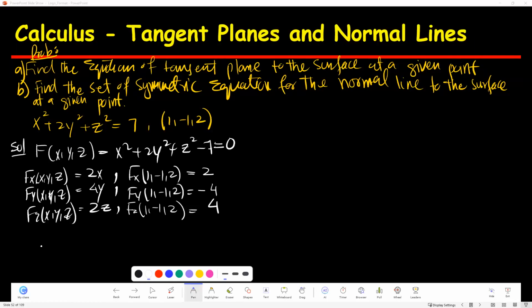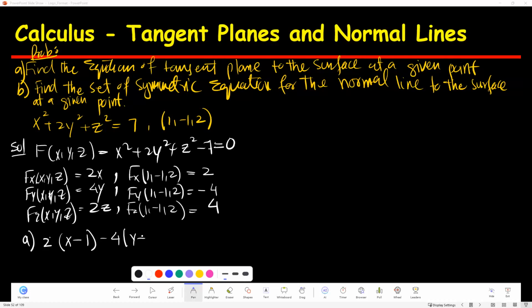So what we're going to do, we're just going to substitute the values into the equation. So in A, we take the partial derivative of this: 2 times (x minus x naught), my x naught is 1, and minus 4 times (y minus y naught).